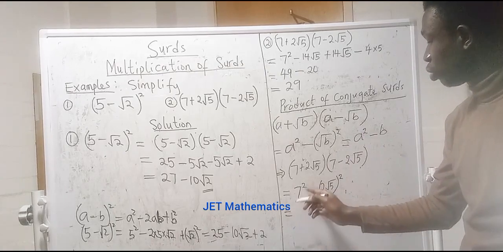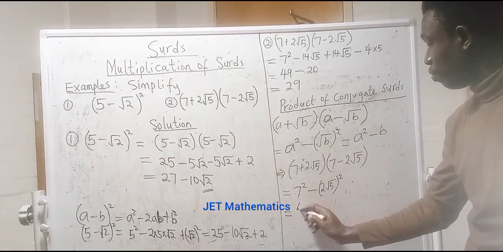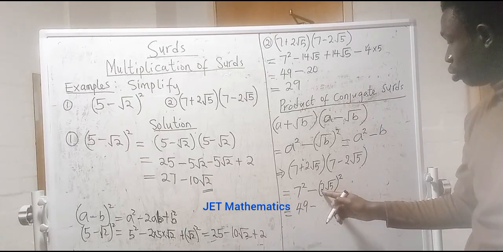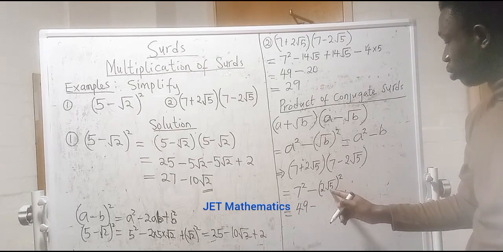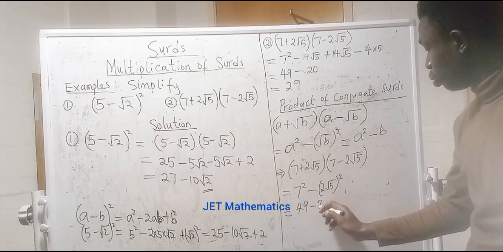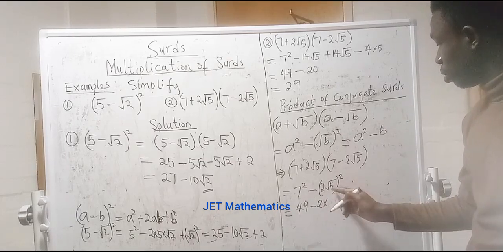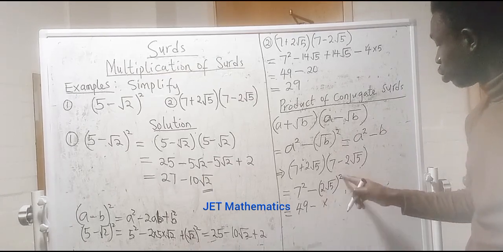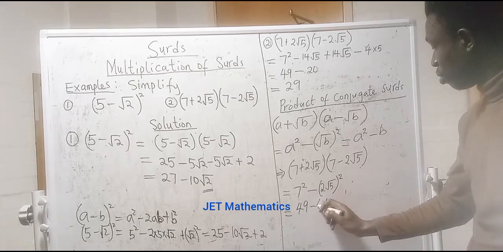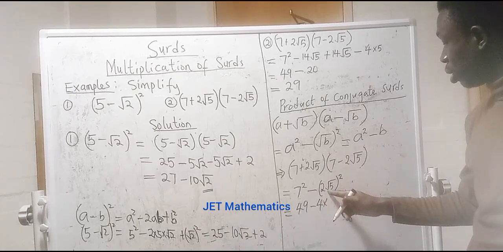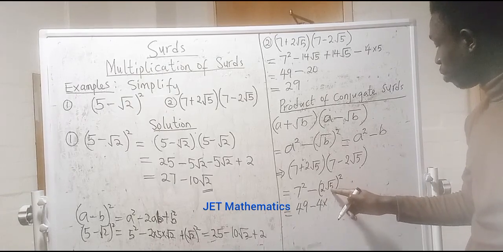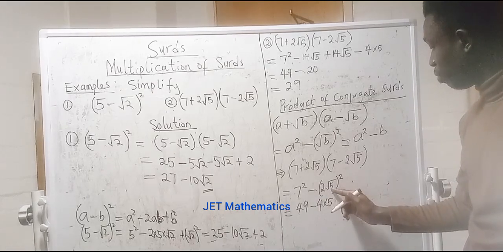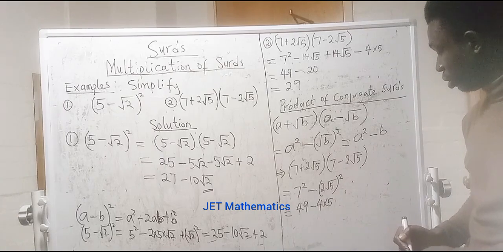So 7 squared is 49 minus 2 squared, which is 4, and then root 5 squared is 5.